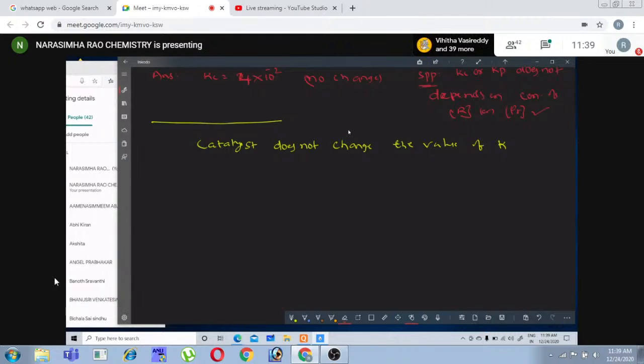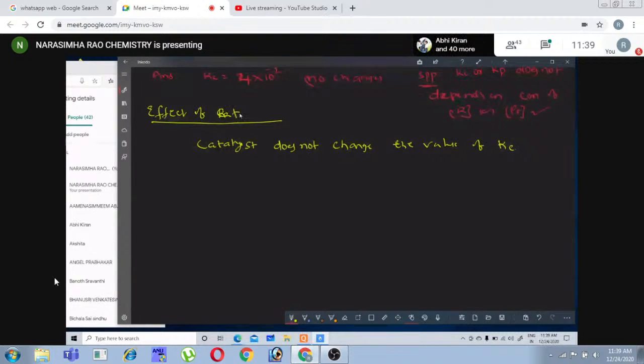Of course, a catalyst also does not change the Kc value. Effect of catalyst.